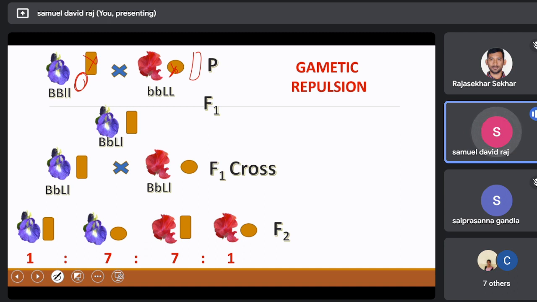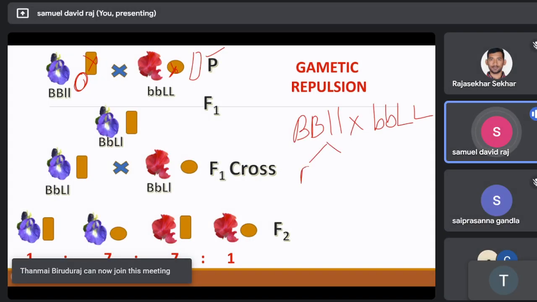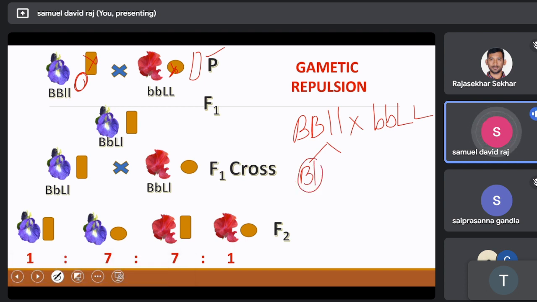So blue flowers and round pollen, red flowers and long pollen. These two were crossed. Blue means capital B, round pollen, small l; red, small b, long pollen, capital L. So this gives rise to one kind of gamete, capital B, small l only.